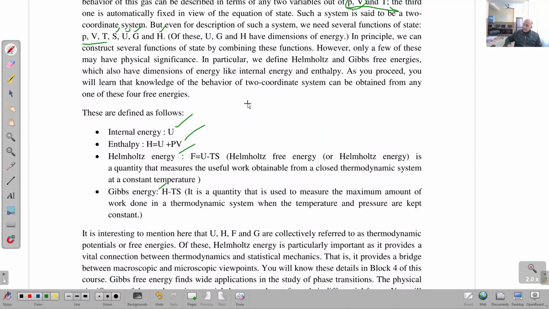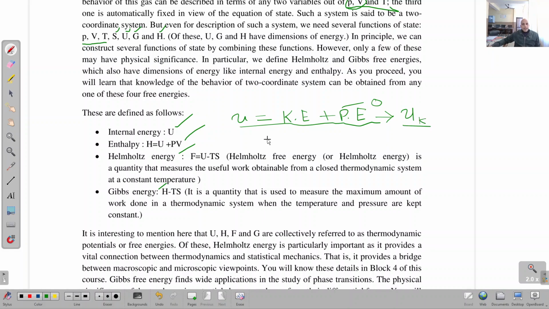We know very well the internal energy of a thermodynamic system, if I write it by U, will be equal to the sum of kinetic energy of gas molecules plus potential energy of gas molecules. Now, if we consider that the gas molecules do not interact with each other, in that case the potential energy will become zero. So the total internal energy of the gas will be equal to the kinetic energy.